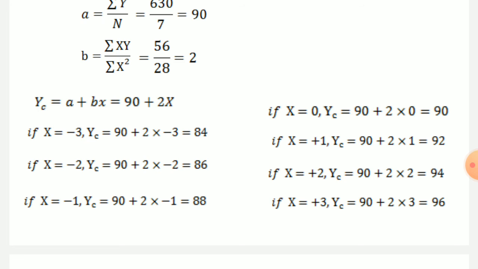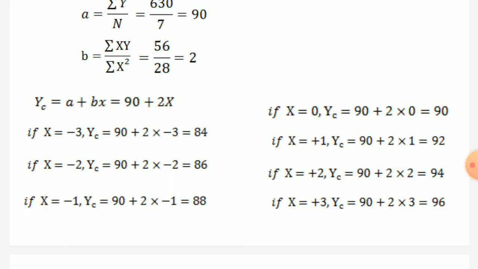If x is equal to plus 3, then yc is equal to 90 plus 2 into 3 is equal to 96. Then similarly, when x is equal to minus 3, then yc is equal to 90 plus 2 into minus 3 is equal to 84. Then if x is equal to minus 2, then yc is equal to 90 plus 2 into minus 2 is equal to 86.